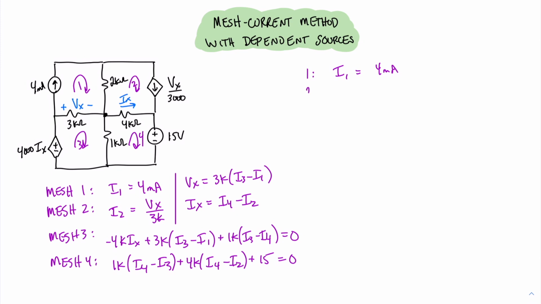So for mesh number 2, we'll plug in for Vx here, and when we do that, we get I1 plus I2 minus I3 equals 0. For number 3, moving things around, substituting for Ix, and distributing out the 3K and 1K, we get the equation 4I2 plus 4I3 minus 5I4 equals 12.